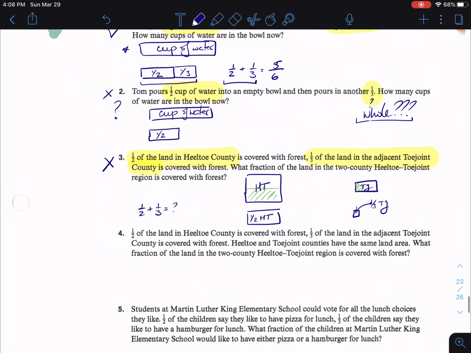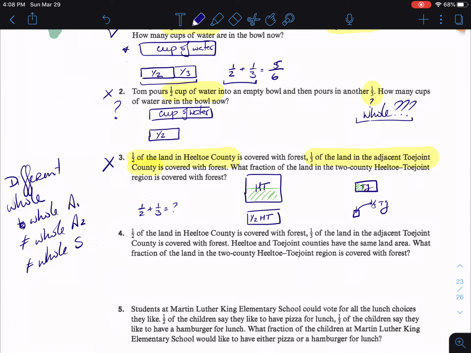Well, we have a different whole. In fact, the whole for the first addend does not equal the whole for the second addend and does not equal the whole for the sum.